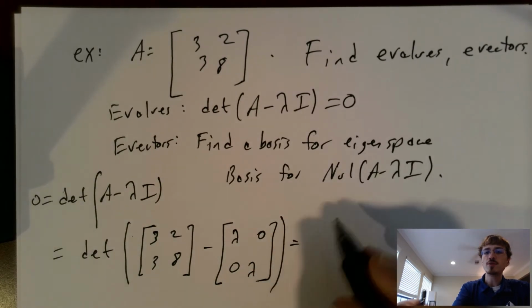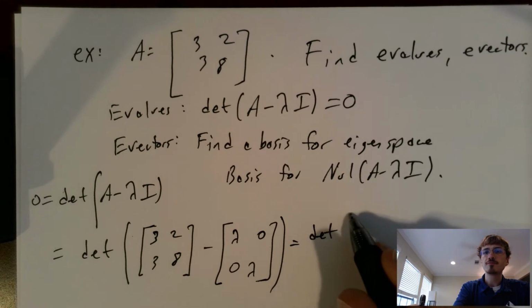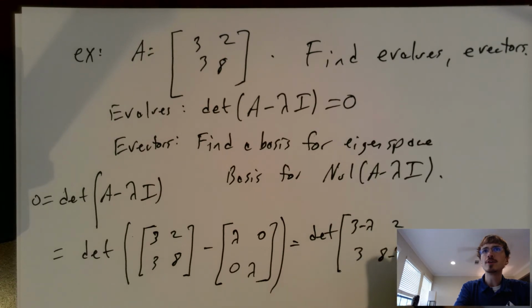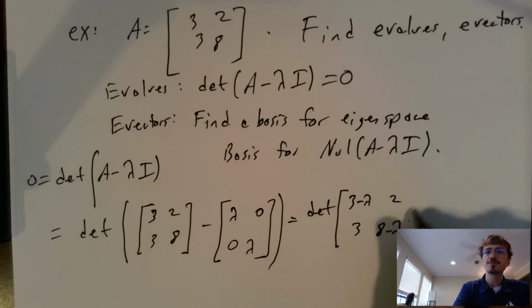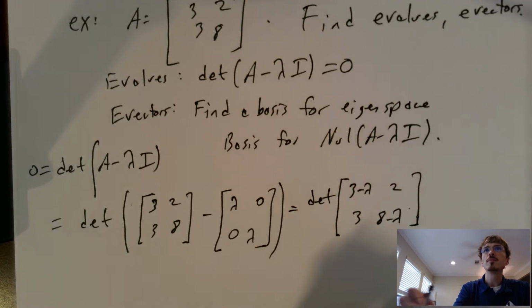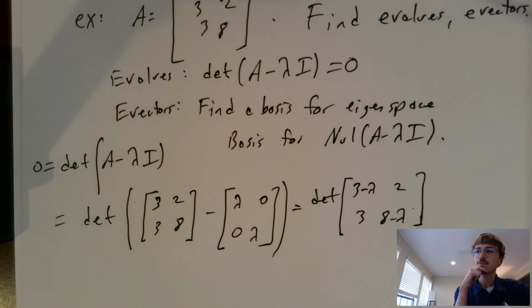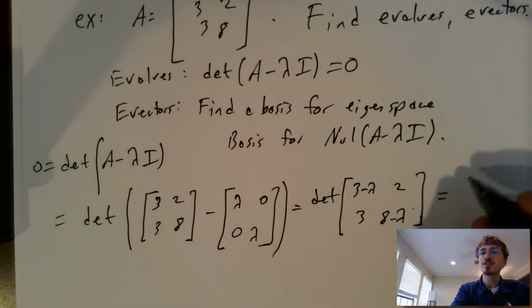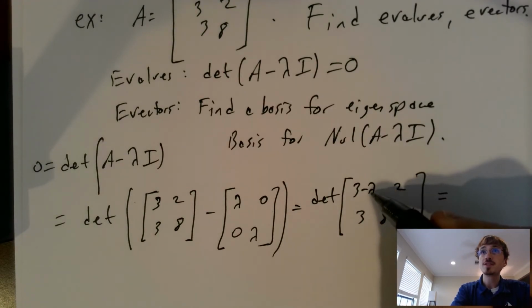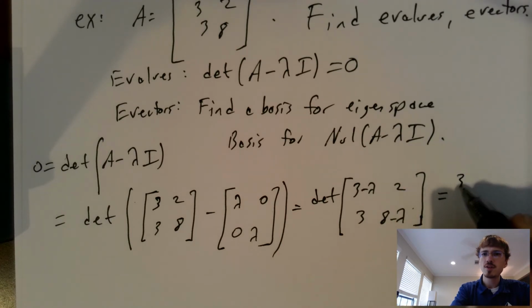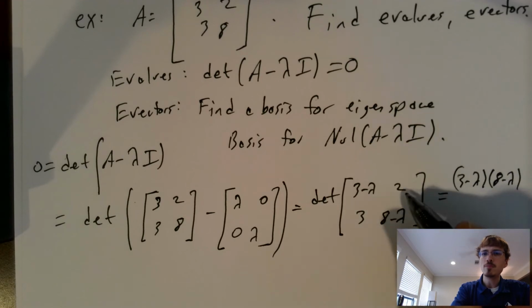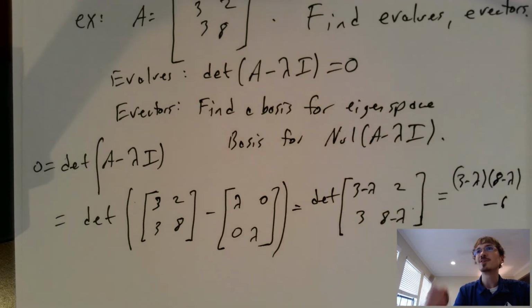So we want to compute the determinant of the matrix 3 minus lambda, 2, 3, 8 minus lambda. Oops, and that's off the screen. How do we do this? This is going to be this entry times this entry, 3 minus lambda times 8 minus lambda, minus 6.